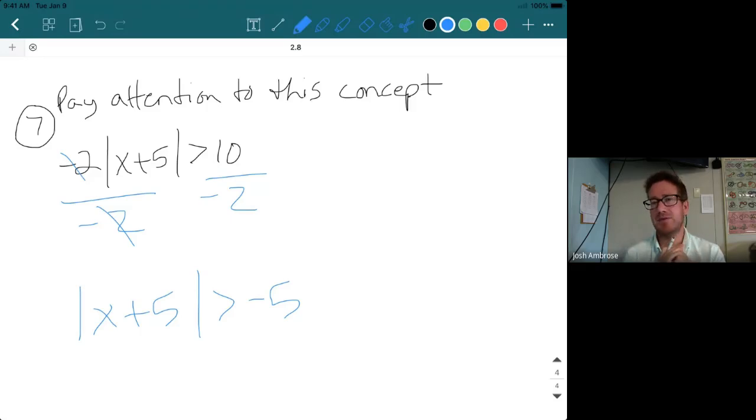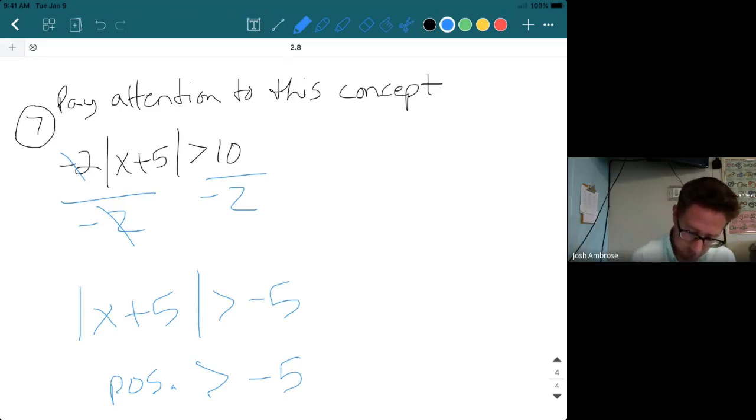Anything in an absolute value comes out of the absolute value as a what? As a positive. So again, anything inside the absolute value comes out as a positive. So I'm just going to write this word positive because anything in that comes out as a positive. Greater than negative 5.